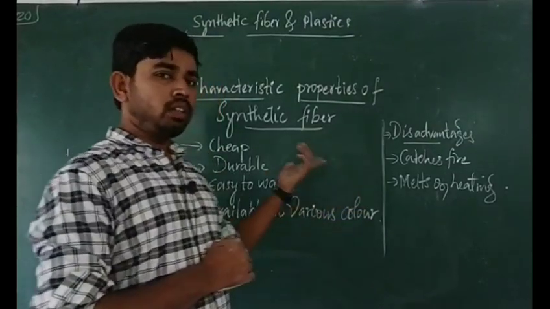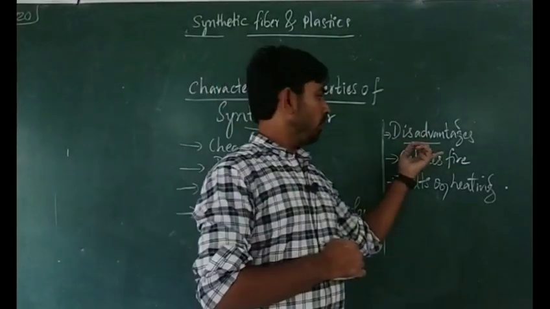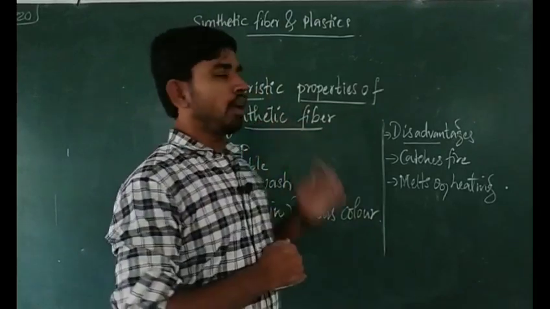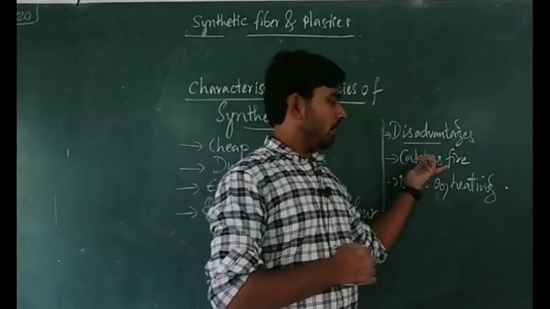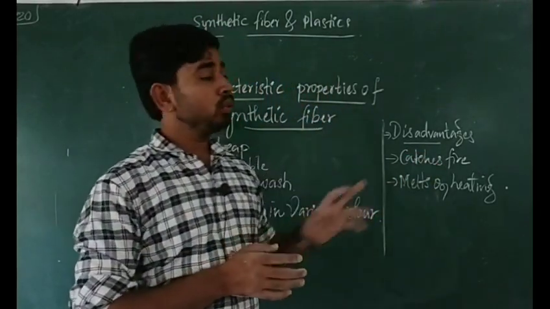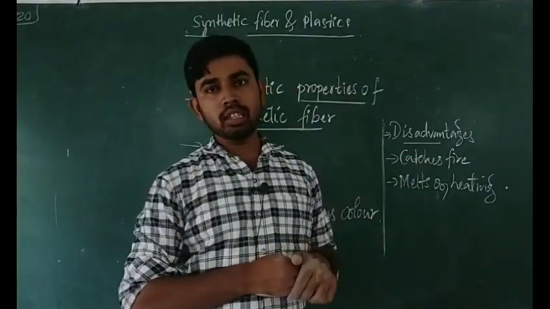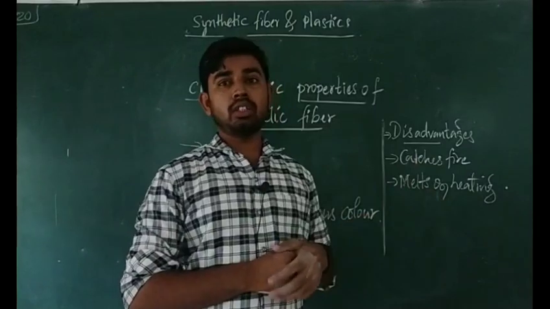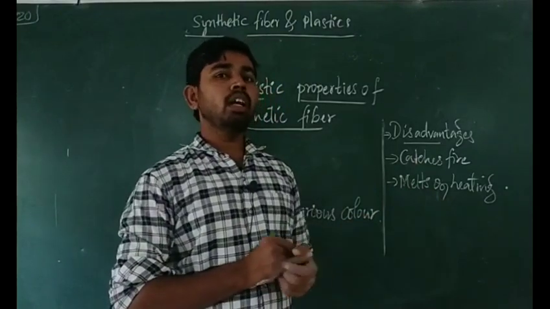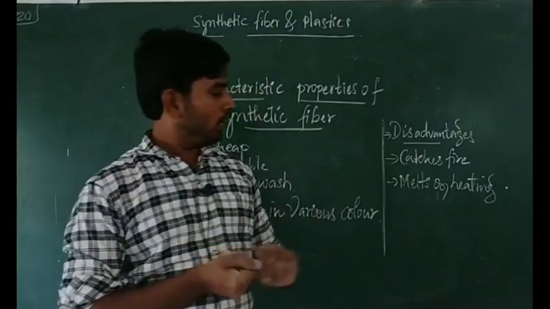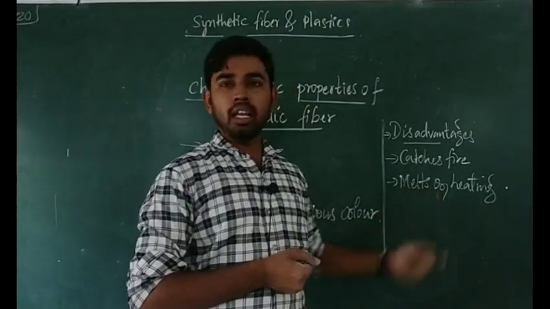Similarly, as we have advantages, we have disadvantages also. Synthetic fibers catch fire very easily. We can't use polyester clothes near fire, or polyester clothes in the kitchen. Why? Because they can catch fire very easily. One more thing is they melt on heating.